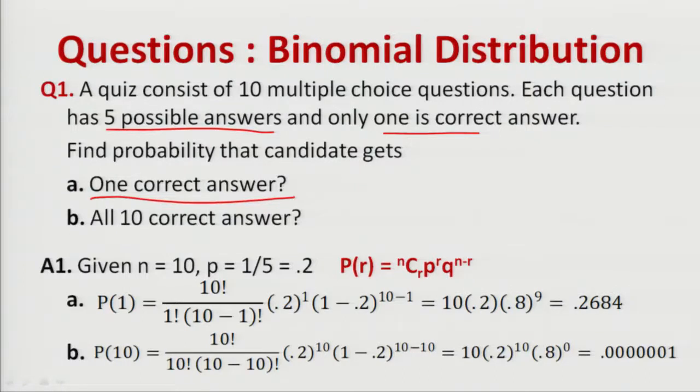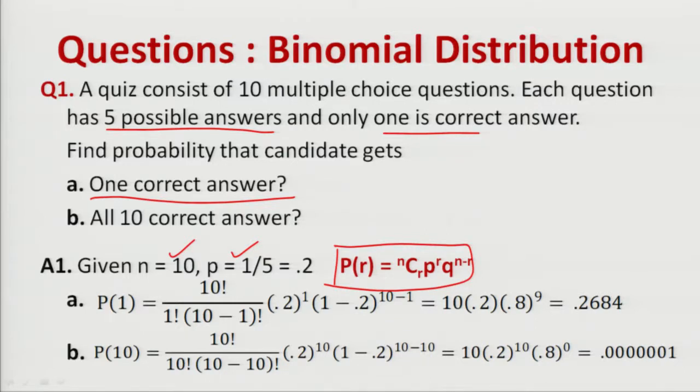For this, take n equal to 10. For the probability of a correct answer, there are 5 answers and only 1 is correct, so the probability of a correct answer is 1 by 5, which equals 0.2. From the probability formula, as we know, P(r) is equal to nCr p to the power r, q to the power n minus r.